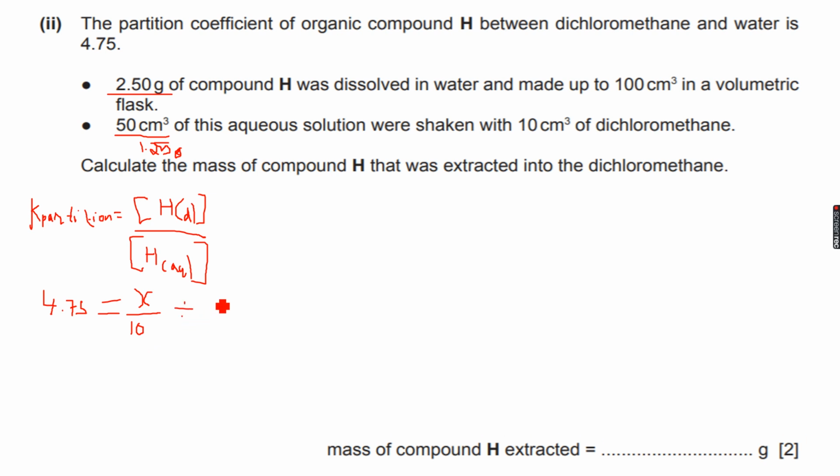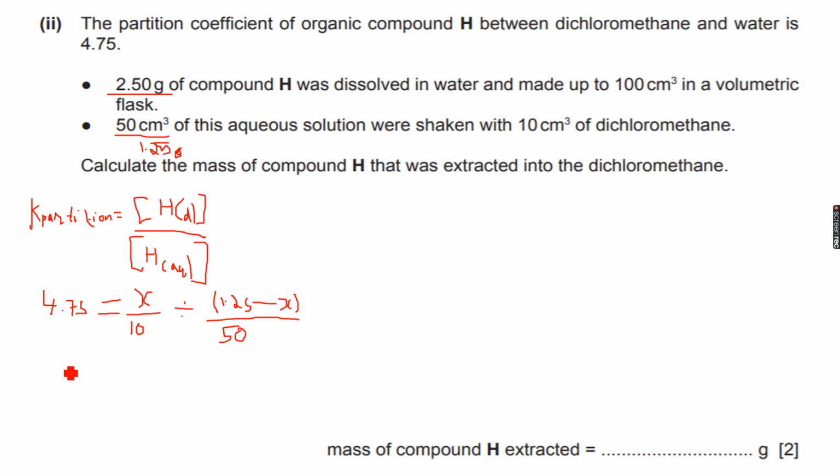This will be divided by 1.25 minus X over 50, because the amount was extracted from this 1.25 grams, so we have to subtract X, and this is for water. So this is the amount of H in water: 1.25 minus X in 50 centimeter cube of water.